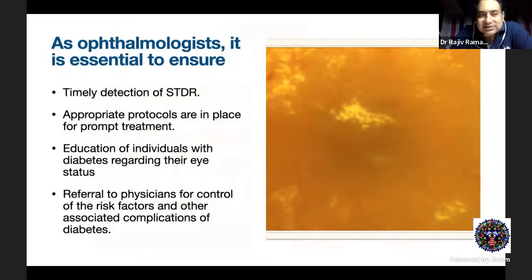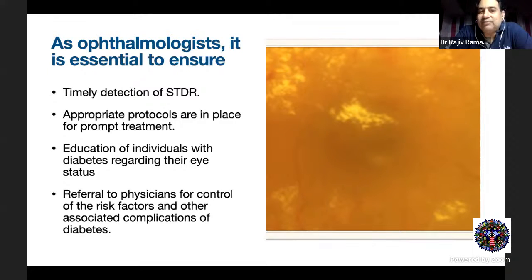As an ophthalmologist, it is essential to ensure that we do a timely detection of sight-threatening retinopathy. We have some screening programs in place. However, we should also have protocols in place for prompt treatment. Screening alone is insufficient. If you screen people and you don't have the facility to treat, you cannot complete the loop.